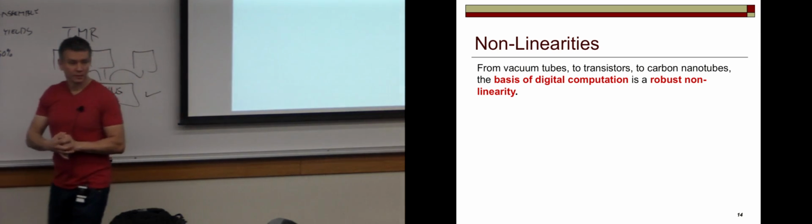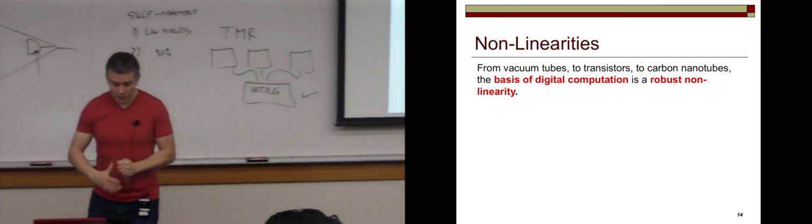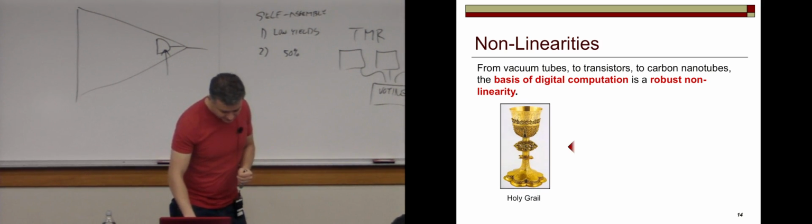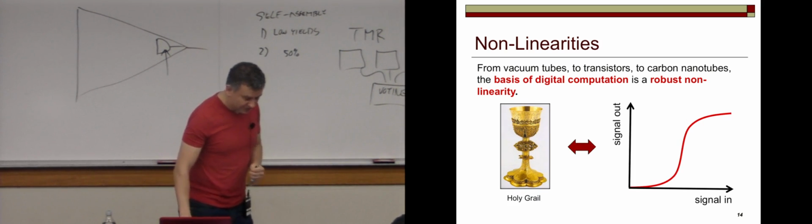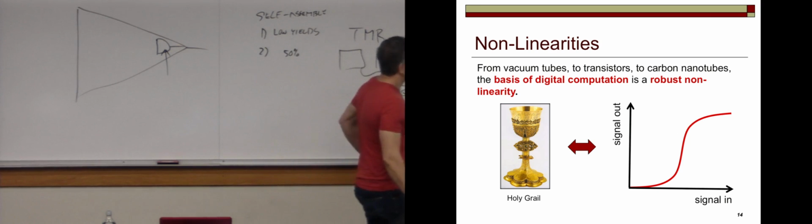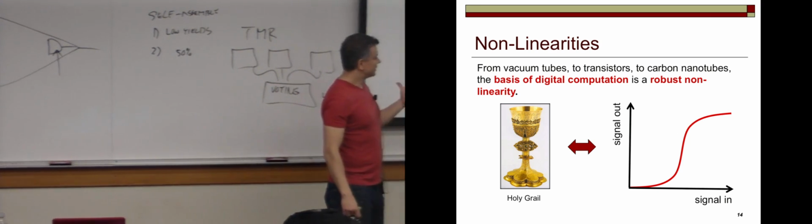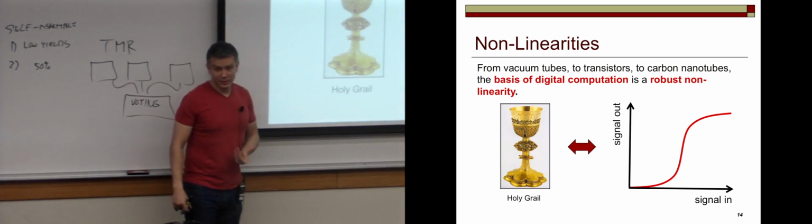Okay. So this is a bit of a vapid slide. But the nonlinearity is going to be the key here, in a sense. So what do I mean by nonlinearity?